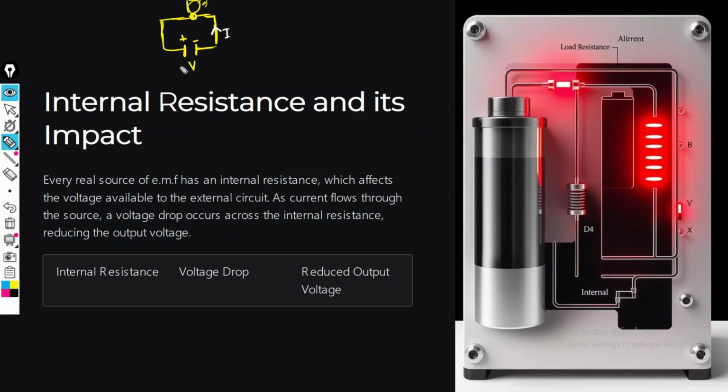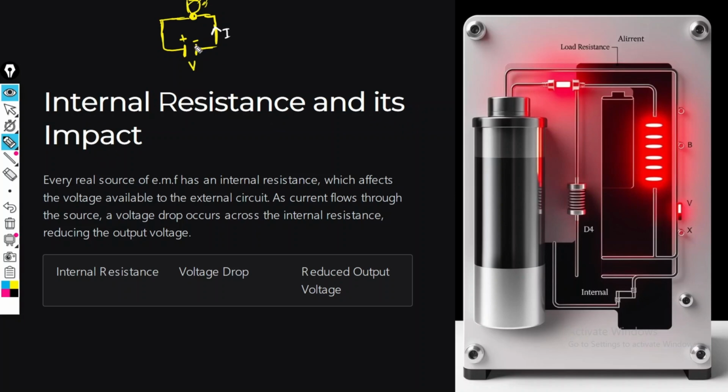This dissipation of energy inside the battery is called the internal resistance of the battery. So this internal resistance is actually the resistance which is present inside the battery itself.